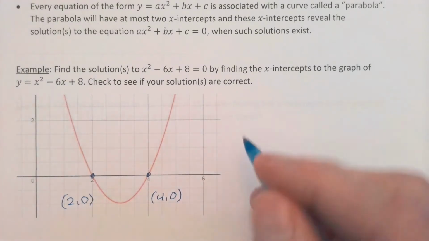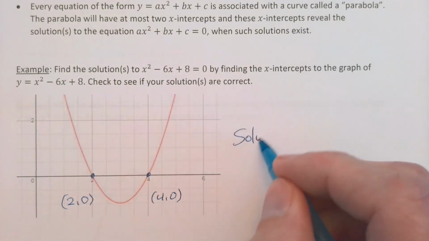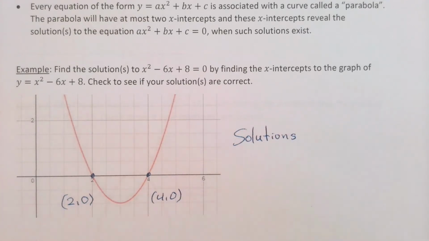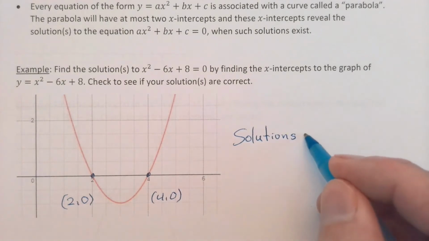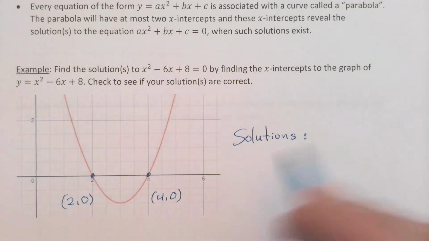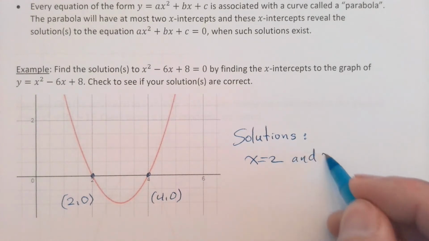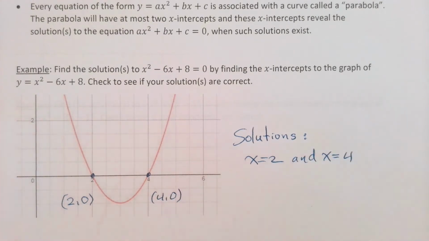Our roots, our solutions, sometimes they're called roots, sometimes zeros, sometimes just solutions, but in this case they are x equals 2 and x equals 4. There's 2 of them, and you will not get more than 2. And in some examples today you'll see that we get fewer than 2.